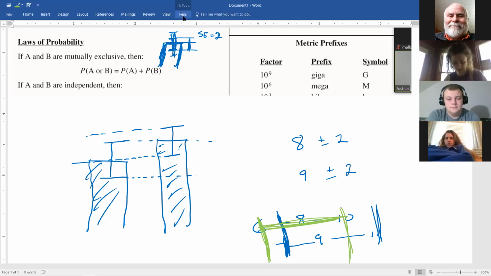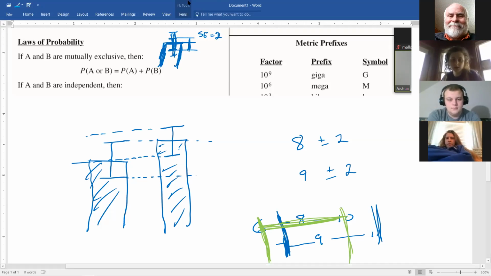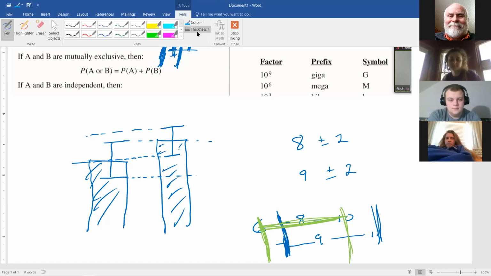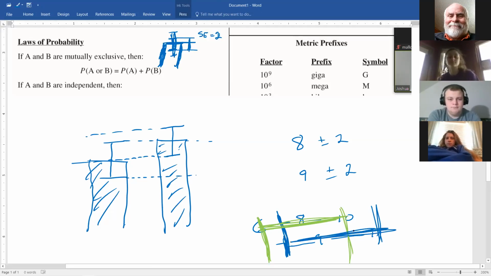can I actually trust the fact that I got two different numbers? I mean, obviously 8 and 9 are different numbers, but can I trust that difference when I've got this much overlap between the ranges? It depends on what you're measuring, I'm guessing.